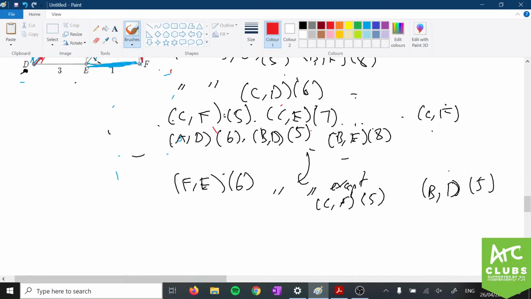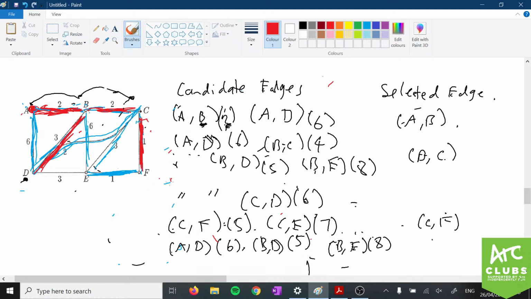And okay, we keep continuing, but this time our candidate edges change a bit, because another requirement for getting the candidate edges is to see if adding that candidate edge will cause a cycle. And since a tree can't have a cycle, we can't pick edges that will make a cycle in our spanning tree. For example, we can't choose AD now, because that will create a 3 cycle, A, B, and D, in our spanning tree.